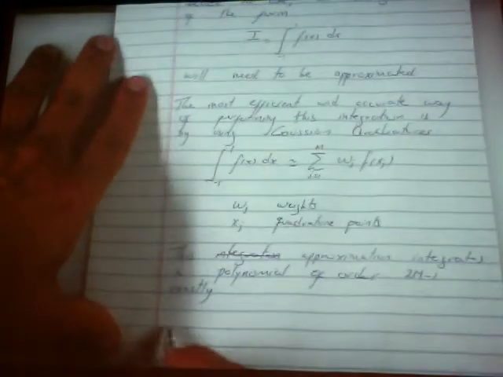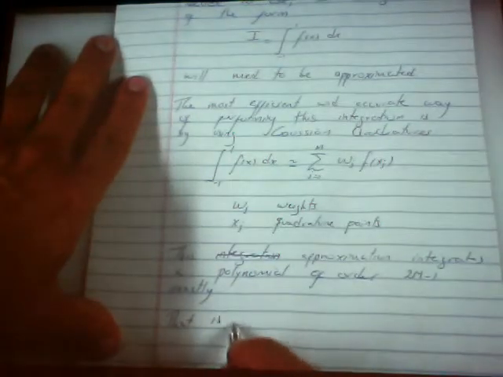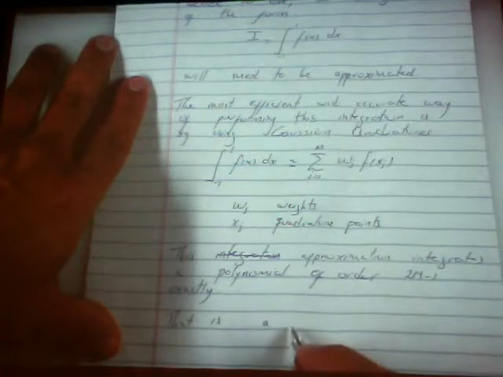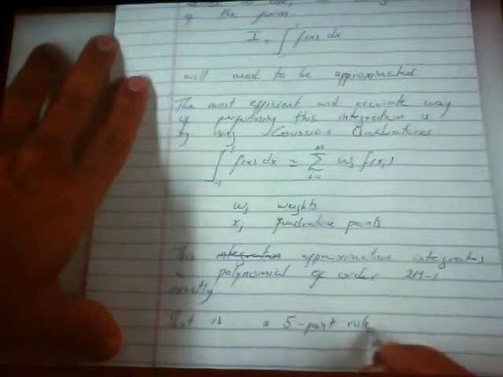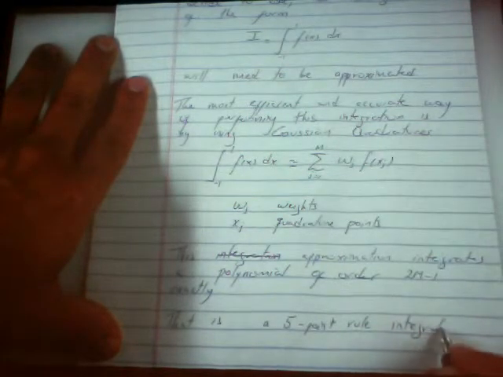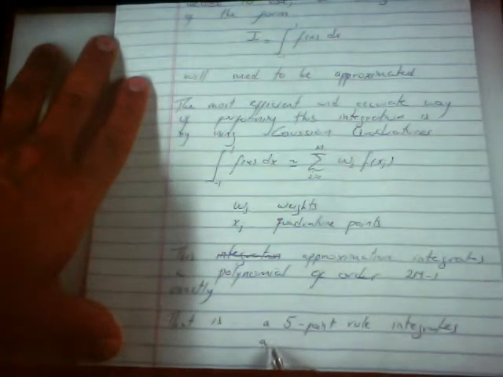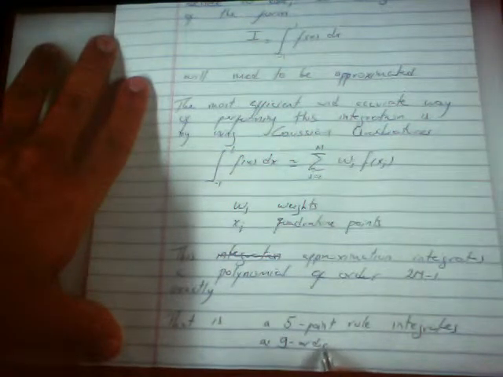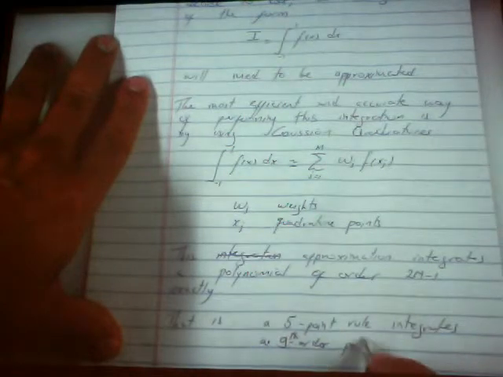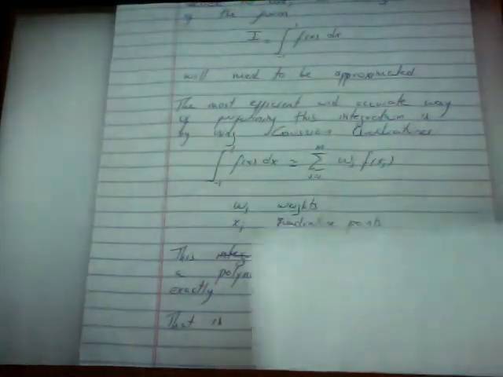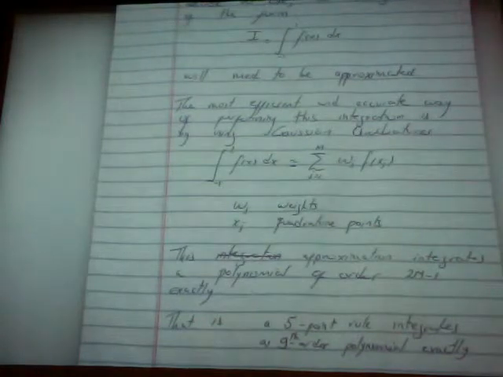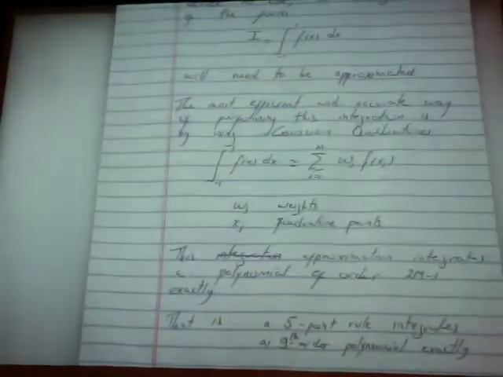That is, let's say, a 5-point rule integrates a ninth order polynomial exactly.